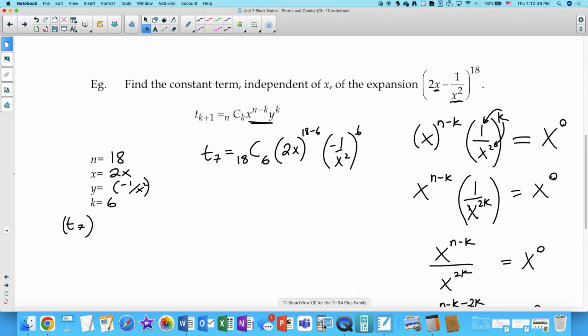I don't know what that is. It's a large number. 18,564. Oh, yeah. 18,564. This is 2x to the 12.